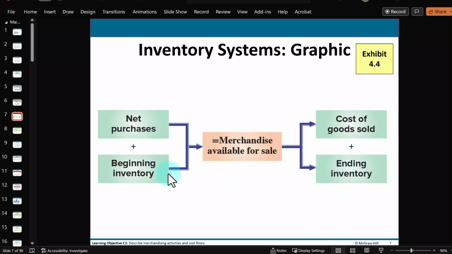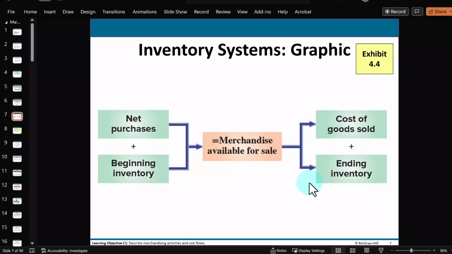So these two items here have to equal these two items here. Again, the middle total here is called merchandise available for sale. And we're continually buying during the year, restocking our shelves. And we're continually selling during the year or whatever period we're looking at. Here, merchandise going to our customers.